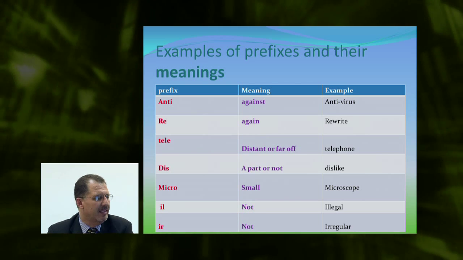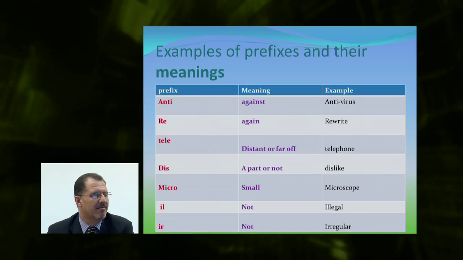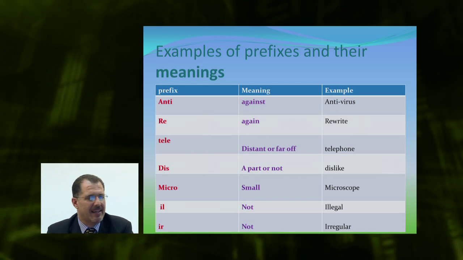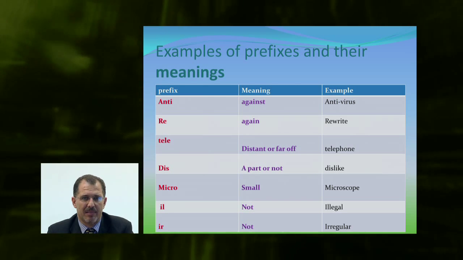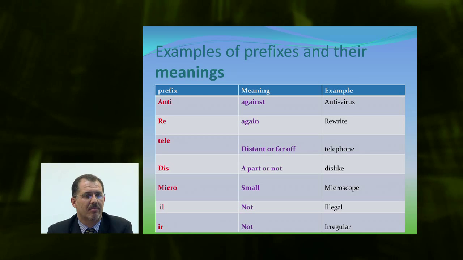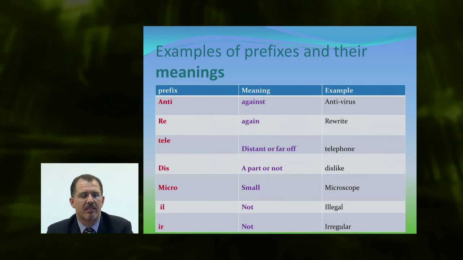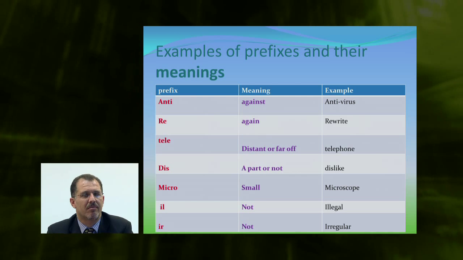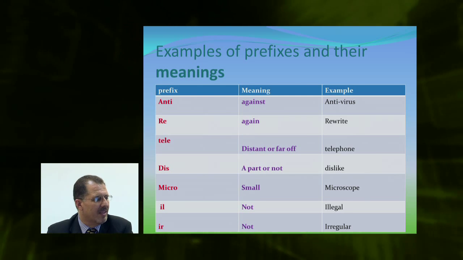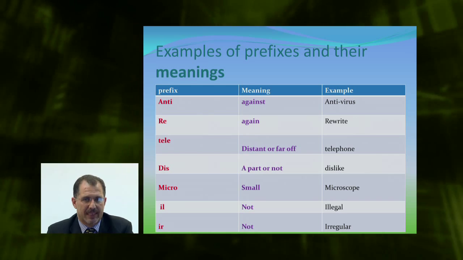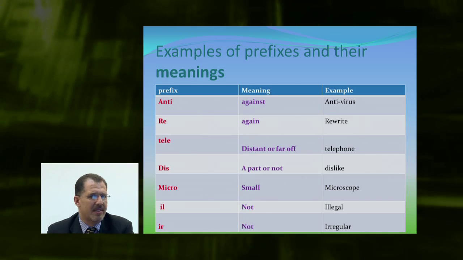Okay, the second one is re, which means again. Example, rewrite. Other examples like reread, reorder, rearrange, and so on. Now the next one is tele. What's the meaning of tele? Distant or far off.